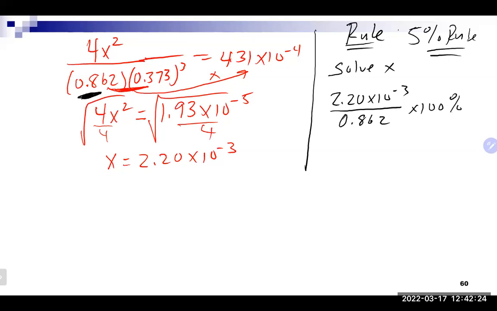That gets us 2.2 times 10 to the minus 3 divided by 0.862 times 100, which looks like 0.255%. Because the percentage is less than 5%, our check here is good, and this is an okay x value to use.